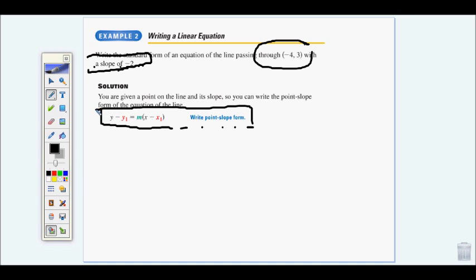So I'm going to have y minus, I'm going to rewrite that y.